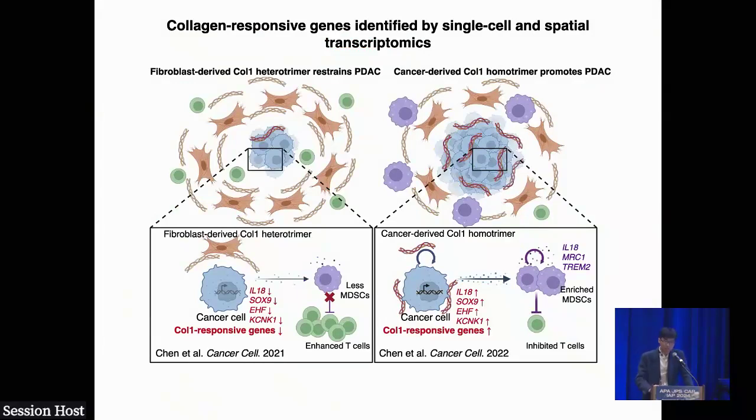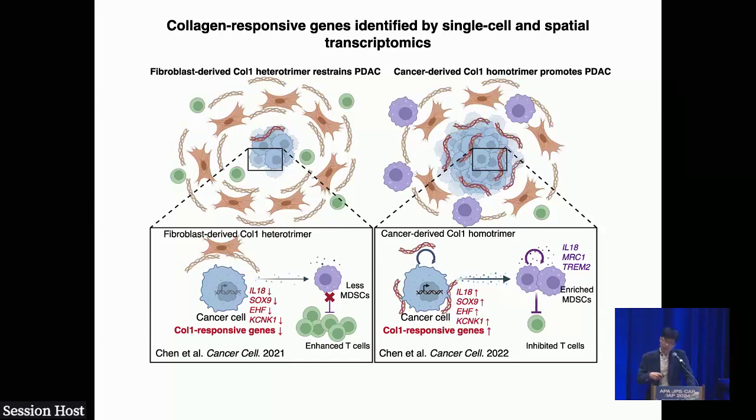When I established my lab 2 years ago as an independent PI at MD Anderson, I was thinking about what we could build from what we already published. In our previous studies regarding type 1 collagen, I established a variety of transgenic mouse models with single-cell RNA sequencing databases.